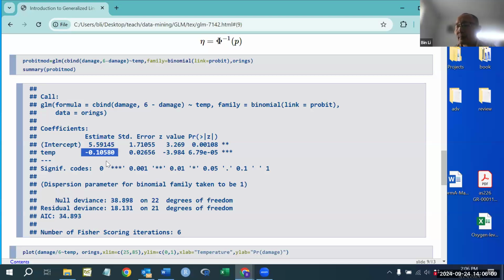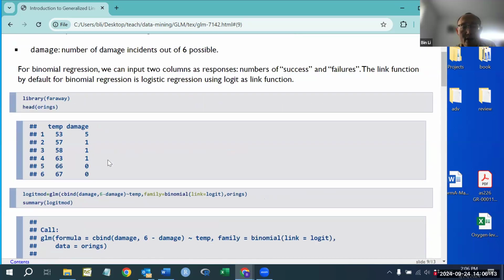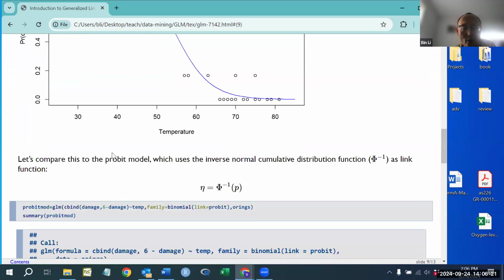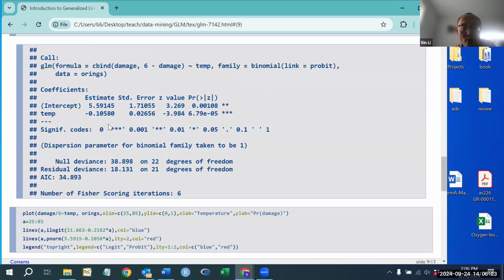These are the estimated coefficients. Compared with the logistic regression, they are quite different. For the logistic, the intercept is 11.6 and the slope is negative 0.2. For the probit, this is negative 0.1 and this is 5.6. You may say, wow, these are very different models.